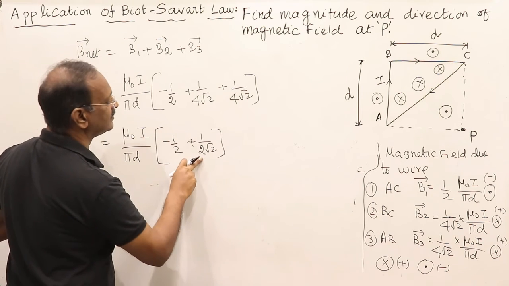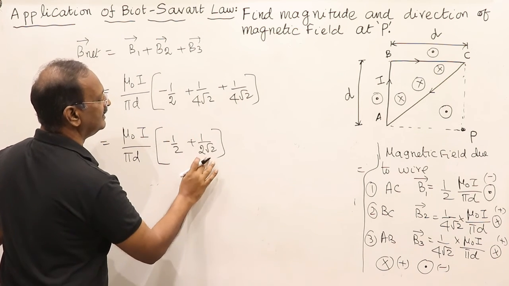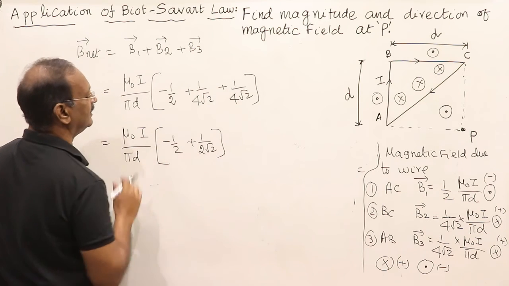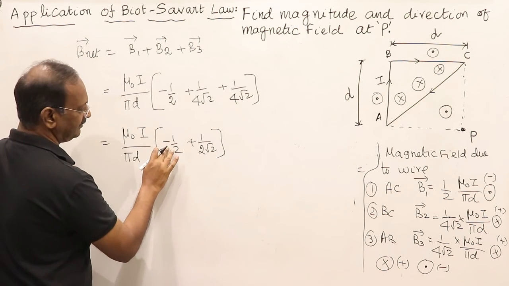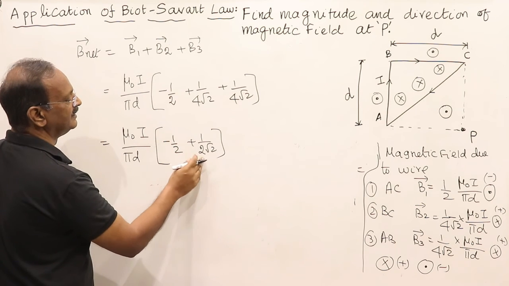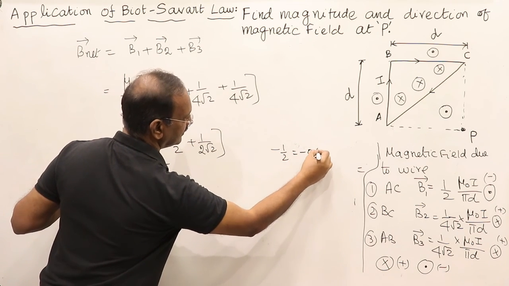Whether this will be negative or positive: the denominator is bigger, which means 1 by a big denominator will be smaller. So this value is 1 by 2 root 2, and this one is minus half, which is minus 0.5.